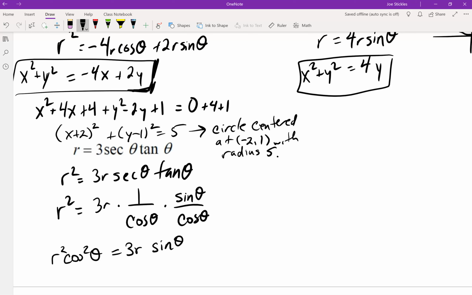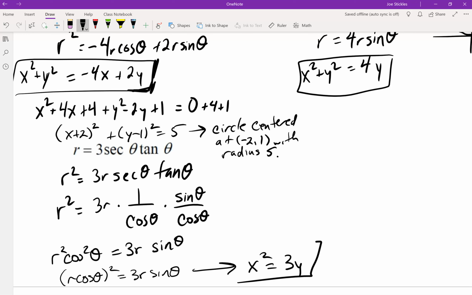Okay, this is cool because r sine theta is y. What about this piece? Well, okay, well I've got r squared and I have cosine squared. So I can pull off the squared. Now I see r cosine theta, that's x. And r sine theta is y. So I get x squared equals 3y, and I notice that's an equation of a parabola.